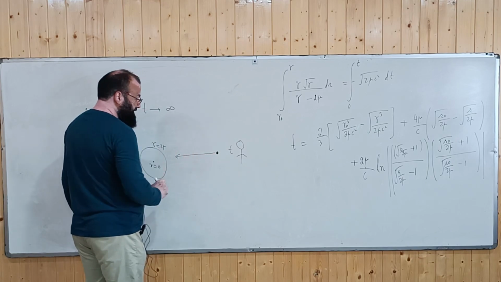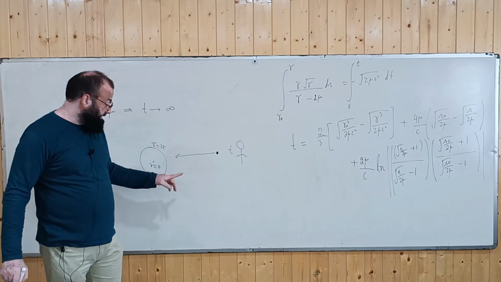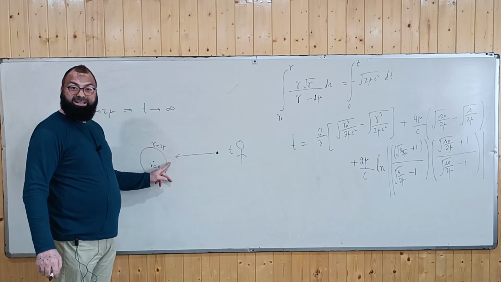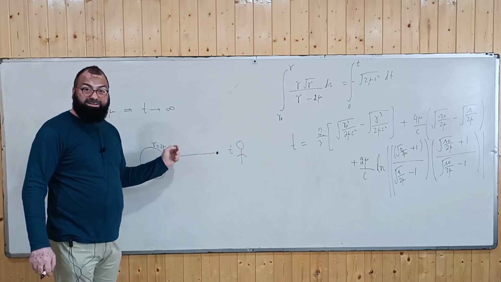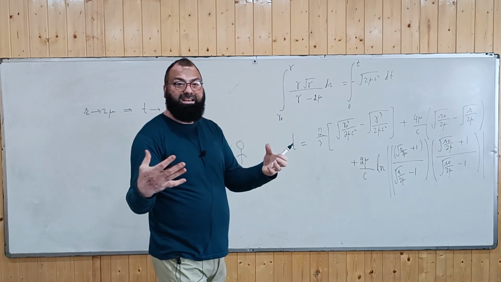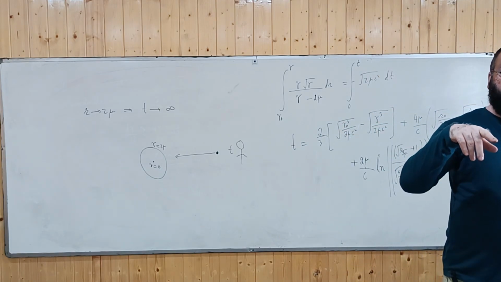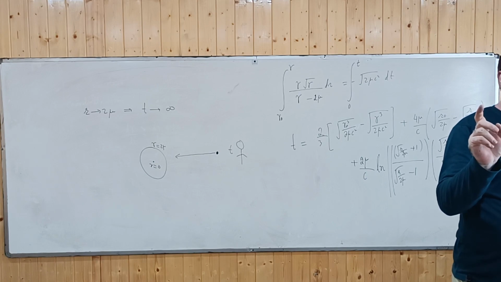This observer sitting at infinity measures that it takes an infinite time for the particle to cross this event horizon. So for this observer, the particle never crosses the event horizon. But if I look from the proper time, the trajectory of the particle itself, it crosses.